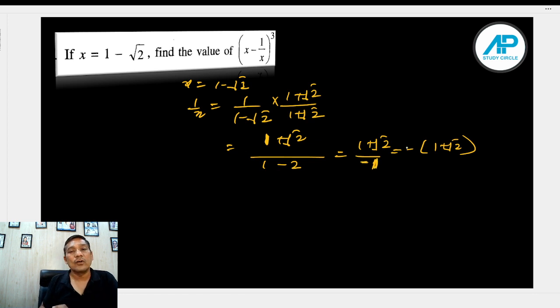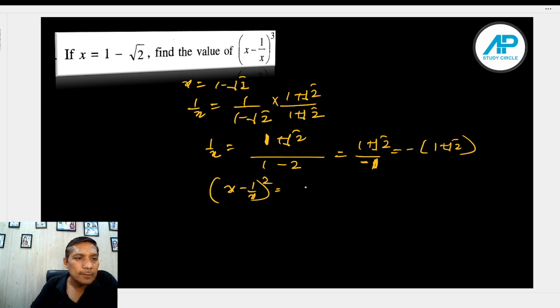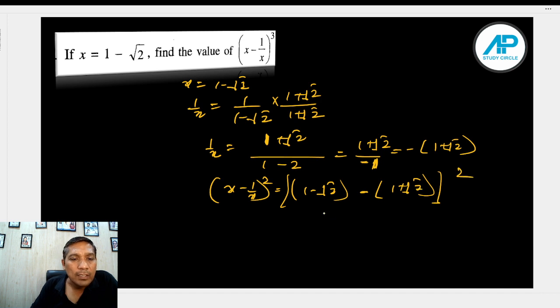I got minus of 1 plus root 2 as the value of 1 upon x. So what should I do? I need to find x minus 1 upon x whole squared. So what is x? 1 minus root 2, put a bracket and a square here: 1 minus root 2 minus minus 1 plus root 2, whole square.